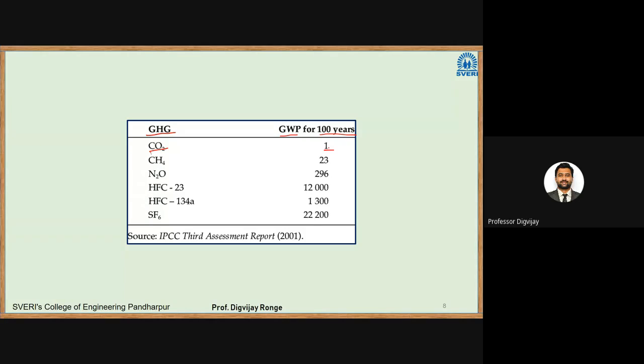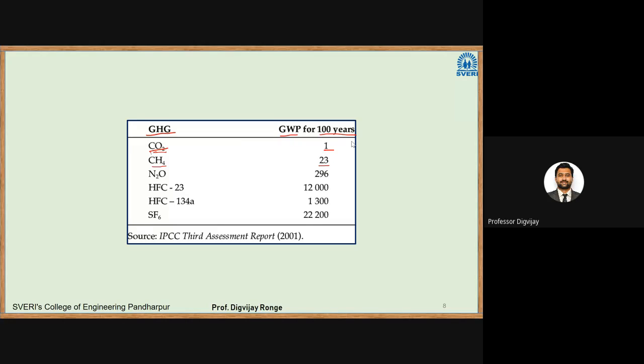Similarly here for GWP, we are taking CO2 as a reference. So next is CH4. CH4's GWP is 23. What this means is that CH4 has the ability to create a thermal impact 23 times more than CO2.